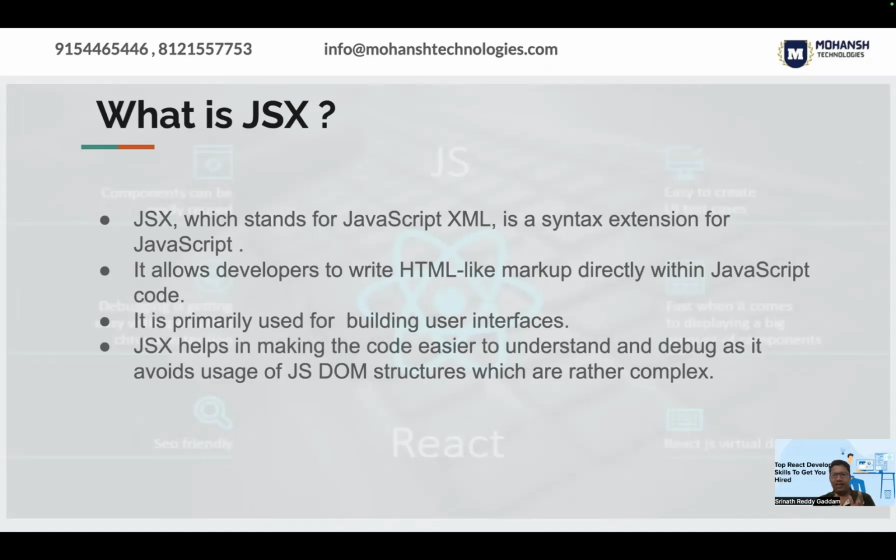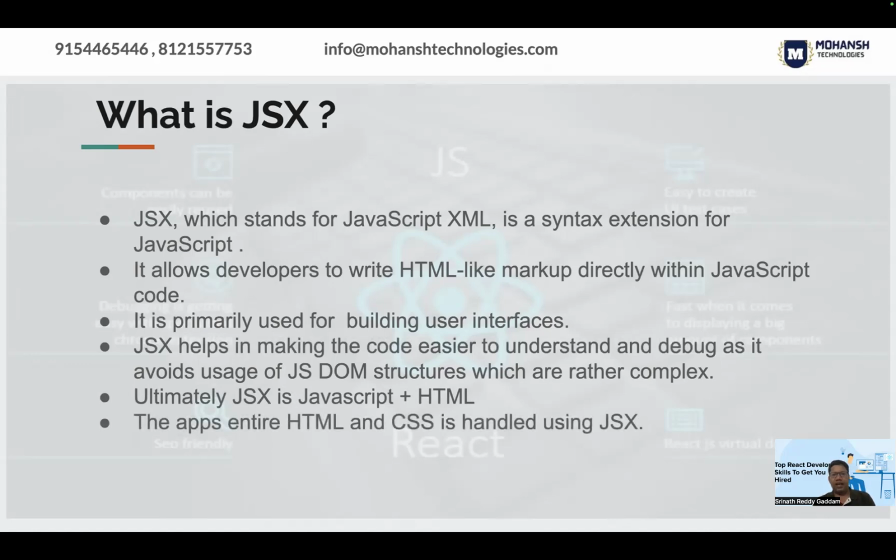So if any error or difficulty arises, it will be very easy to debug because your HTML and JavaScript are within the same code base. Ultimately, JSX is nothing but JavaScript plus HTML. The app's entire HTML and CSS is handled using JSX. As I said, the popular front-end technologies are HTML, CSS, and JavaScript. This JSX handles the HTML and CSS part of your web application completely.